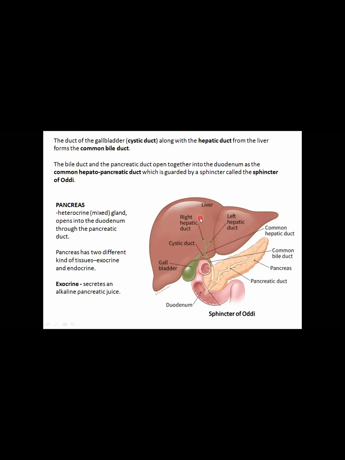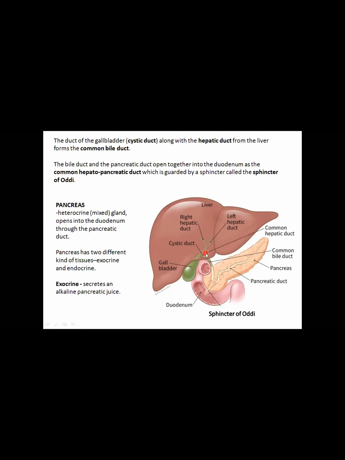Just try to understand. Okay, it's clear. So from the right lobe, the right hepatic duct is coming. From the left lobe of the liver, the left hepatic duct is coming. And commonly these two ducts are joining to form the common hepatic duct.